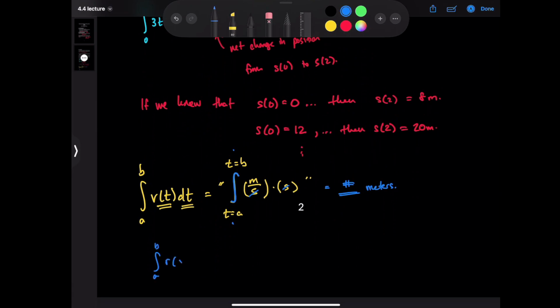r of x dx. These will each carry their own units, and so the end result will carry those units of r of x times the units of the input x.